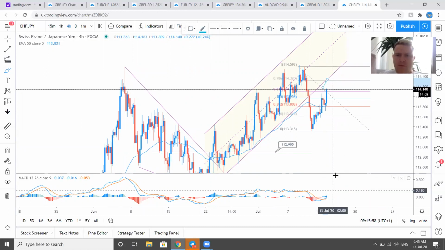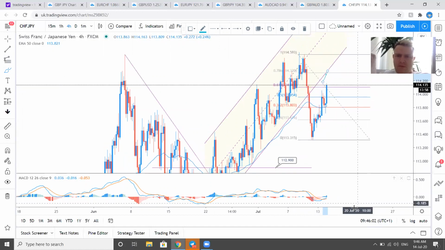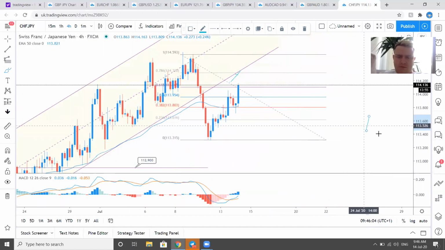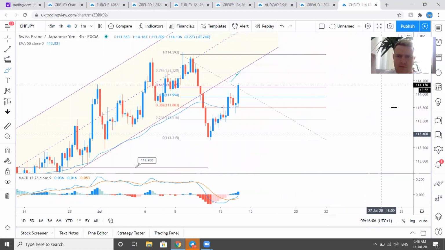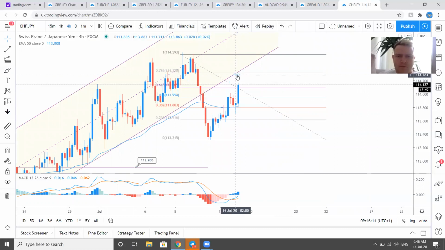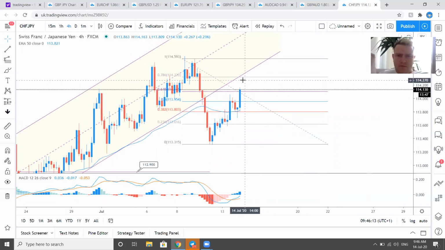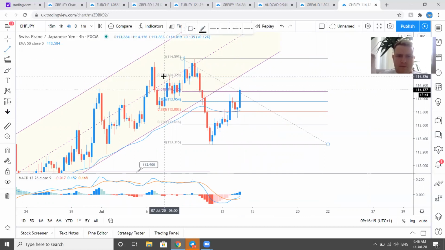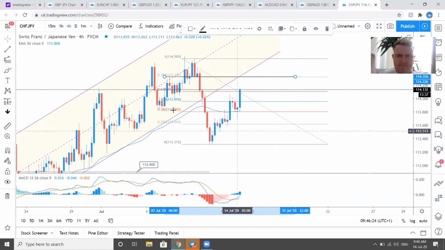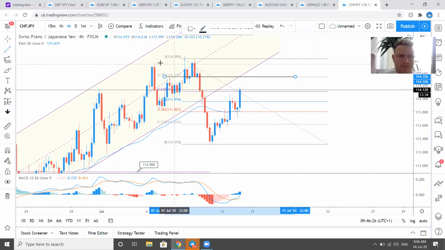And what we want to be doing then is finding a level within the top of the channel that we can invalidate the setup on. So when we get to this channel bottom, we've clearly got two levels, haven't we? We've got a level here and we've got a level here.